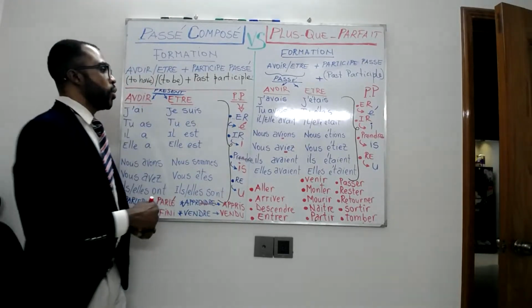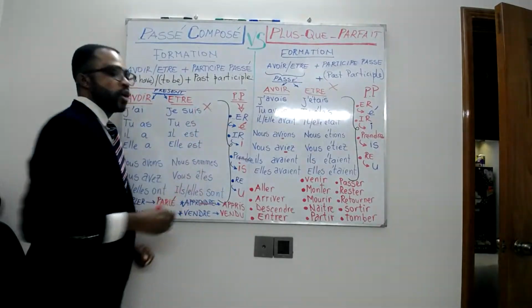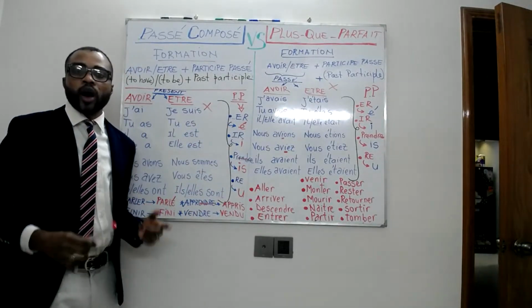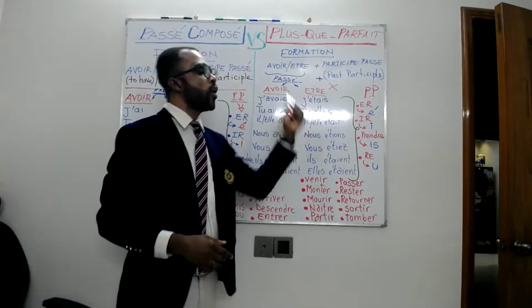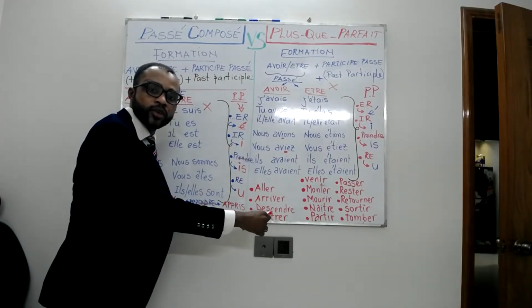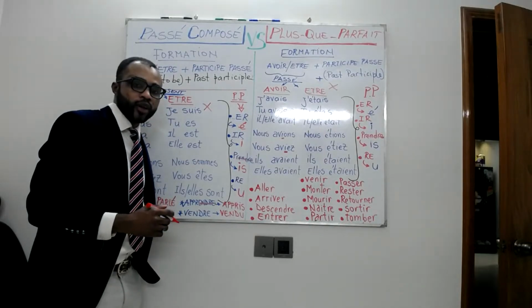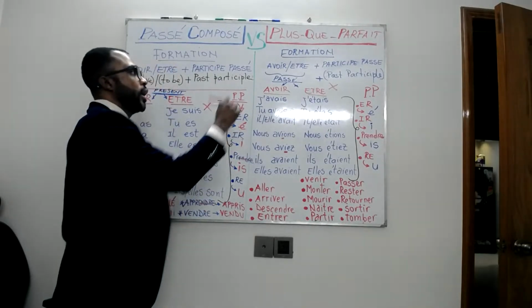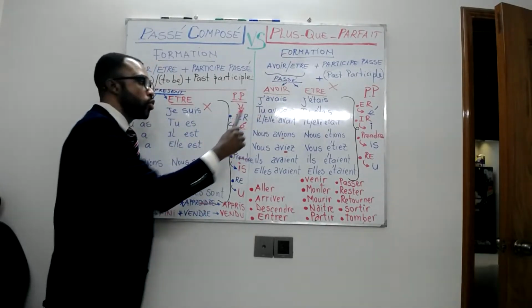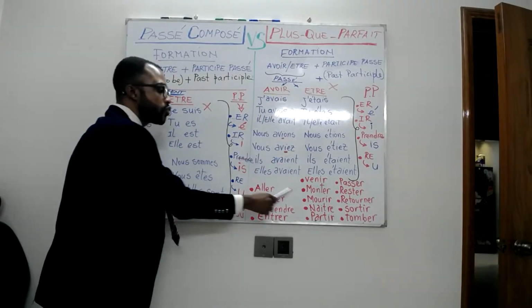All right, so here, why did we not use je suis with these verbs? We use je suis only with certain verbs in the passé composé or plus-que-parfait. If you use je suis, you have to use it with aller and only these 14 verbs.